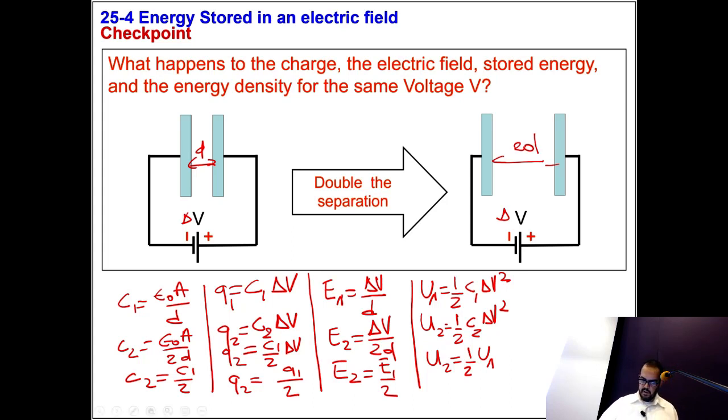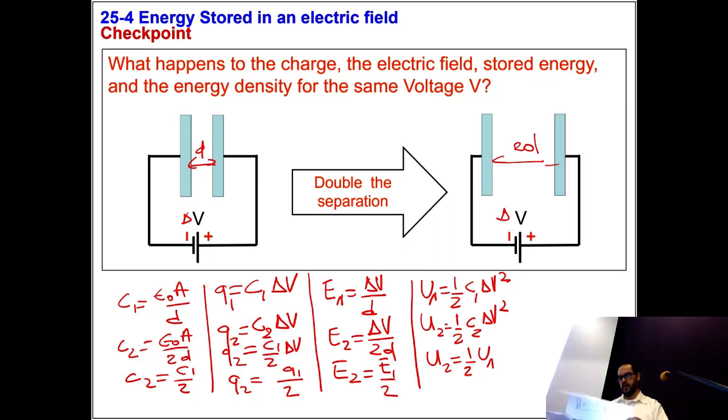In the previous one, U2 was twice U1. In this case, U2 is 1/2 of U1.